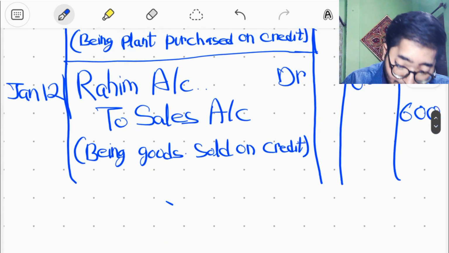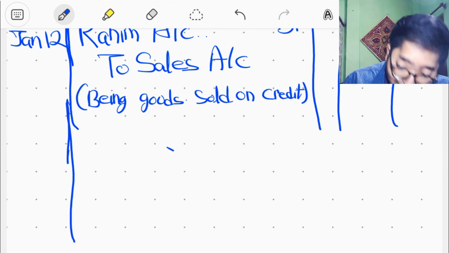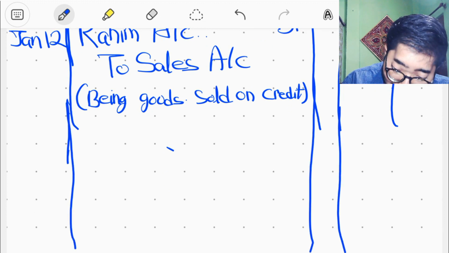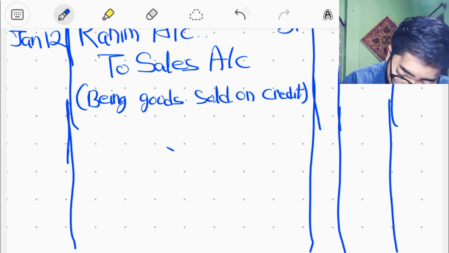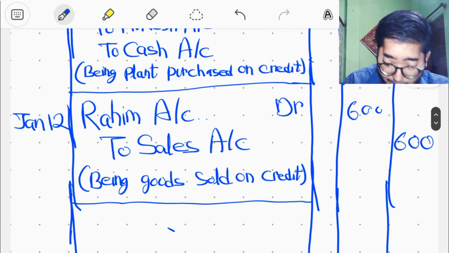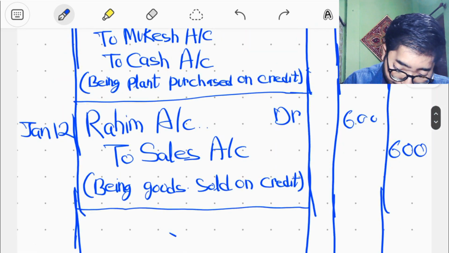That does not mean Rahim is a creditor. Rahim is becoming the debtor for the trader. A debtor is an asset for the trader. So I think you are noting that every transaction, every journal entry ends with a continuous line that is drawn only in the particulars column.